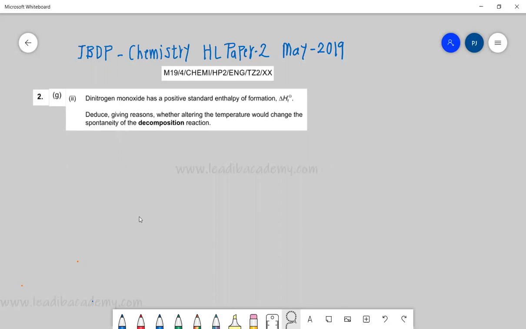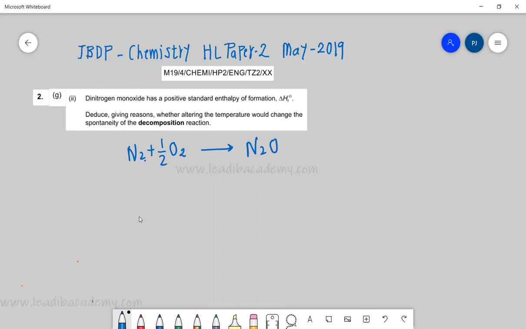So dinitrogen monoxide, first let's write it down: N2O. N2O is obviously going to be formed from nitrogen and oxygen, with a half O2.